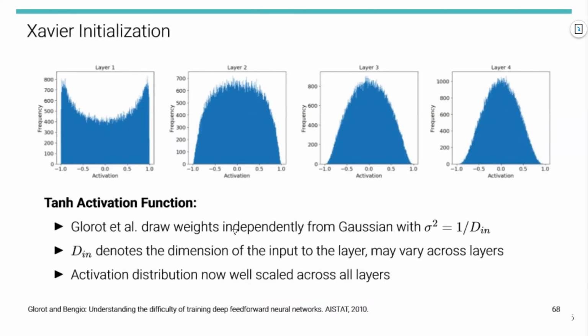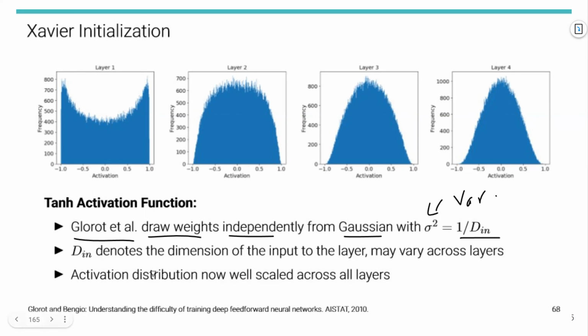To solve this problem, this paper, Glorot et al., proposed this idea. What about drawing weights independently from a Gaussian, but setting sigma, the standard deviation, as 1 divided by the square root of d in?